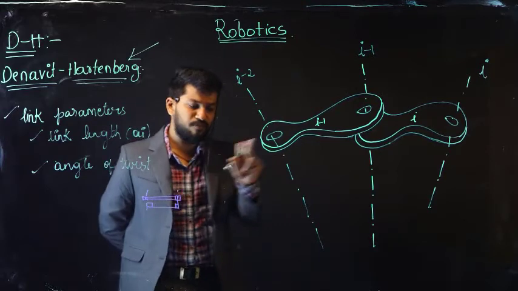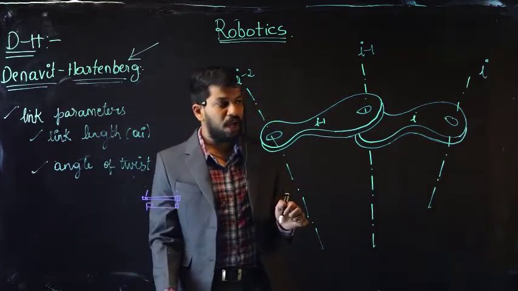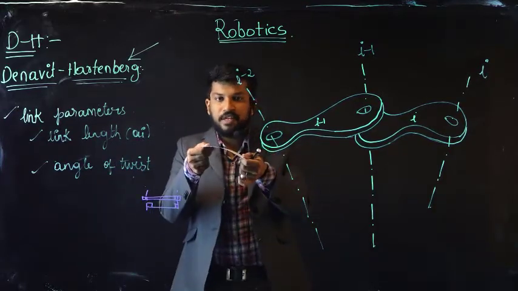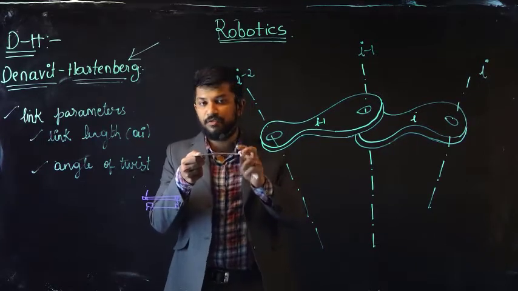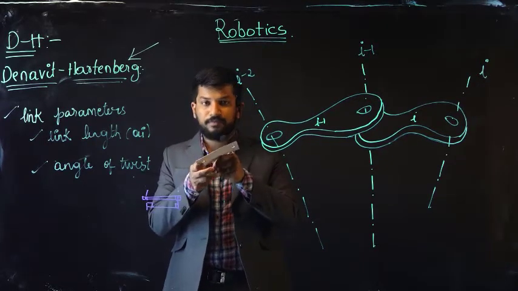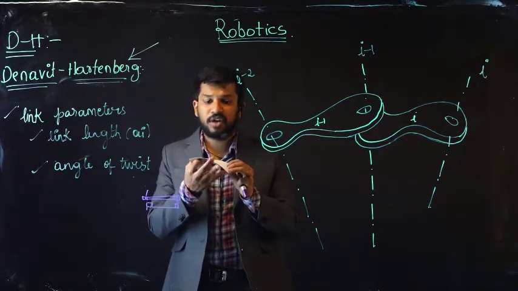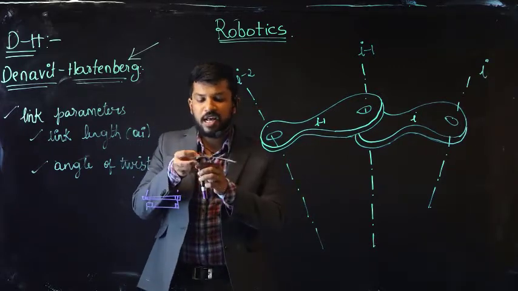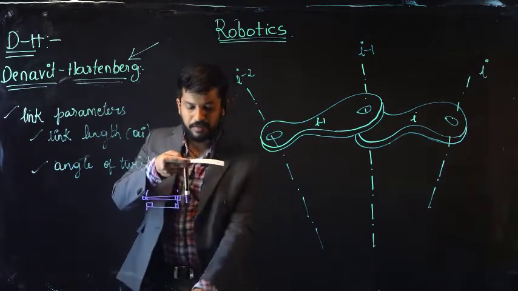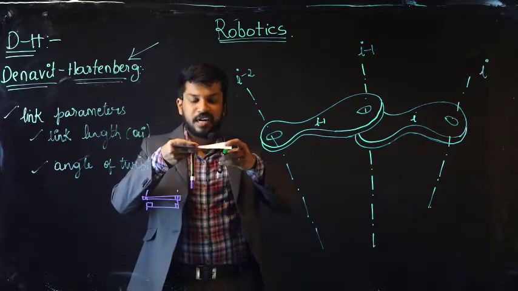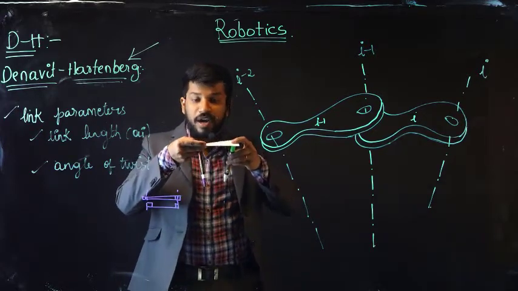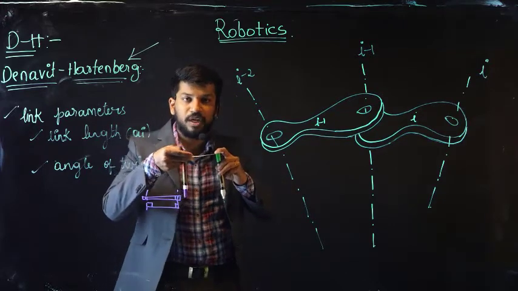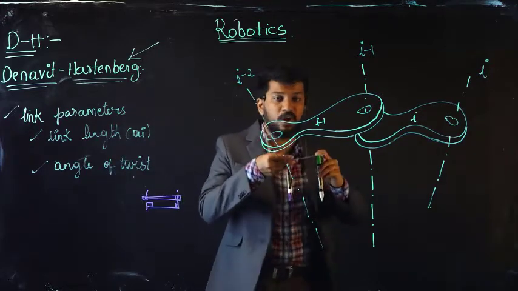Here all the same stuff is applicable, but here I have a link with a certain offset. At that time it is very tough to identify the particular link length. For that, you need to follow the same basic thing. First, generate an axis from this particular joint, and in a similar way generate an axis from the other joint. Initially these two were parallel, which was a very simple thing for us.